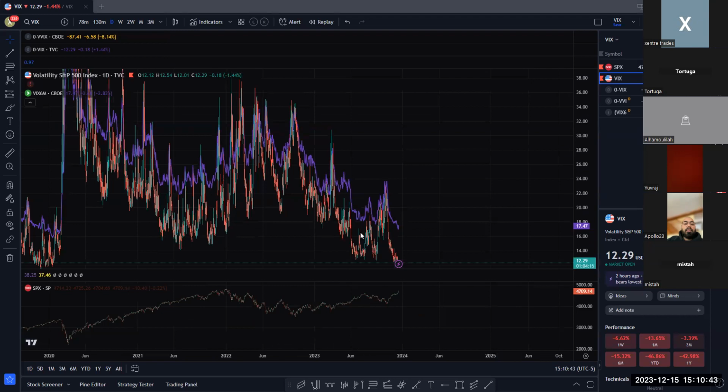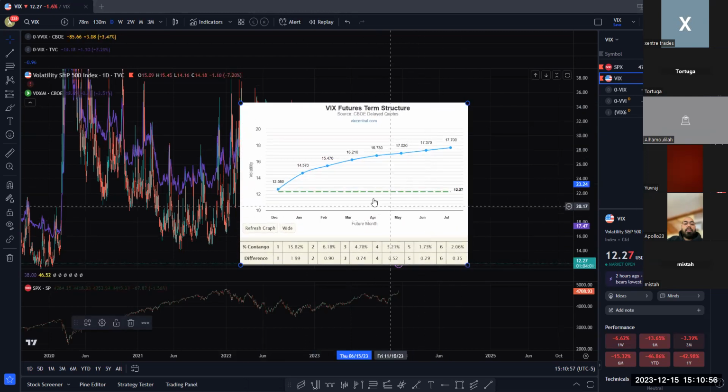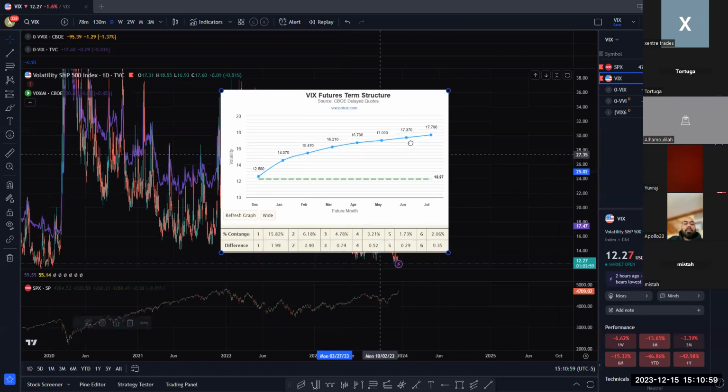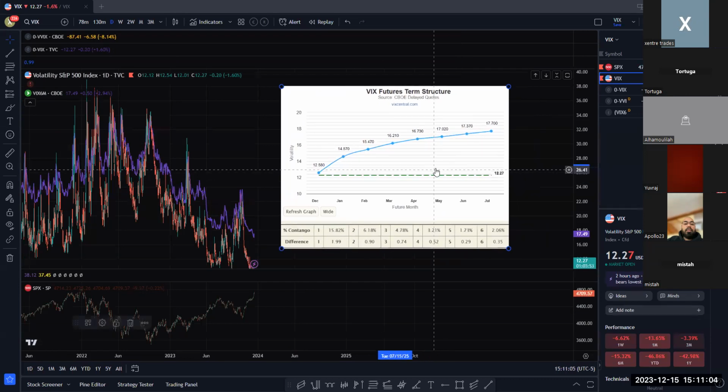There's this one. You guys see this part? You see this big curve? Okay. So this is what it looks like today.